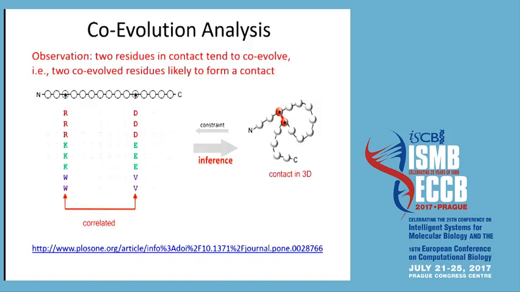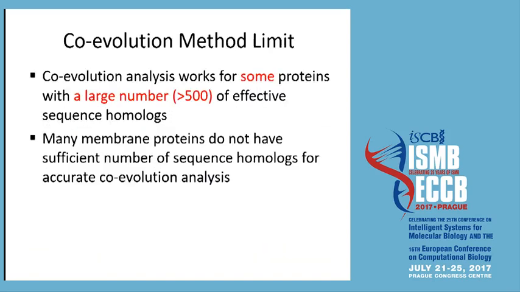The co-evolution method is the popular method for contact prediction. The basic idea is if two residues are in contact, then they are likely to co-evolve. On the other hand, if we find two residues that are co-evolved, then it's more likely these two residues are in contact. This is the intuition for co-evolution-based contact prediction.